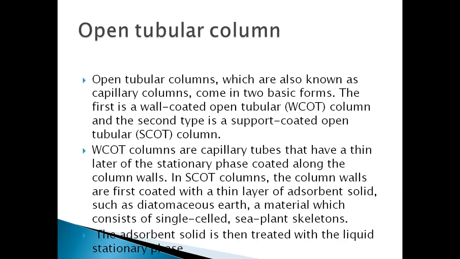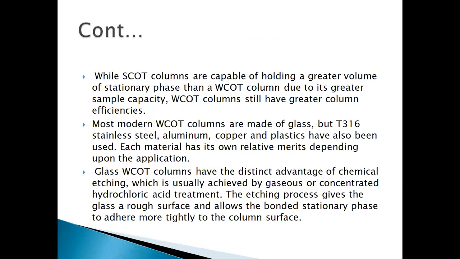Wall-coated open tubular columns are capillary tubes that have a thin layer of stationary phase coated along the column walls. In the second type, the support-coated open tubular column, the column walls are first coated with a thin layer of adsorbent solid, such as diatomaceous earth, a material which consists of single-cell sea plant skeletons. The adsorbent solid is then treated with a liquid stationary phase.